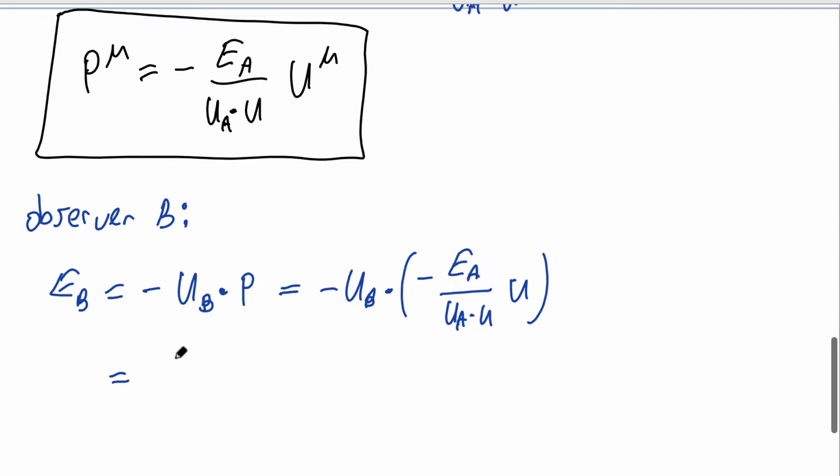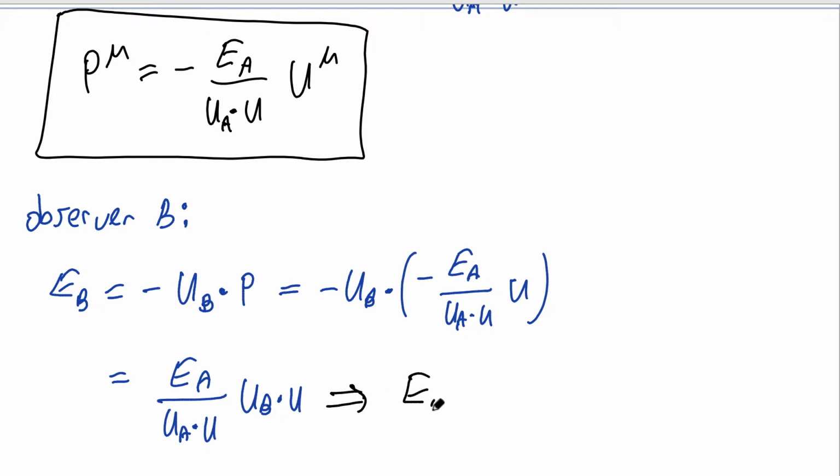So this is equal to E_A divided by U_A dot U times U_B dot U. So we have the following result. The energy as measured by an observer B is related to the energy as measured by an observer A by the ratio of U_B dot U with U_A dot U times the energy as measured by A.